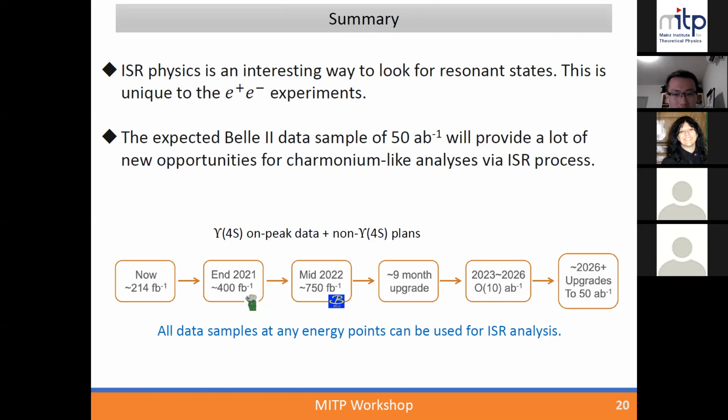And we can see the full frame of the Belle II data taking. All the data samples at any energy points collected by Belle II can be used for the ISR analysis. Okay, so that's all from my side. Thank you.